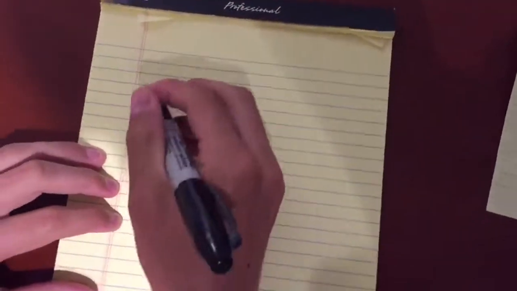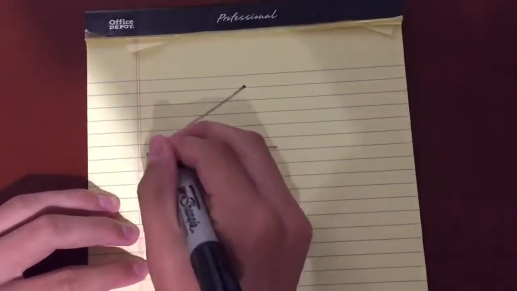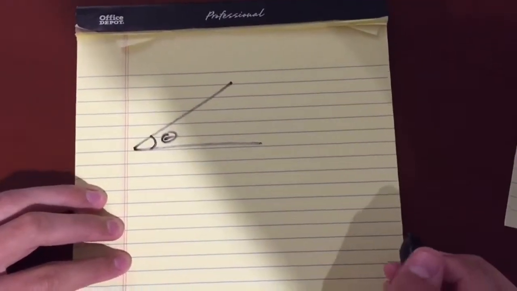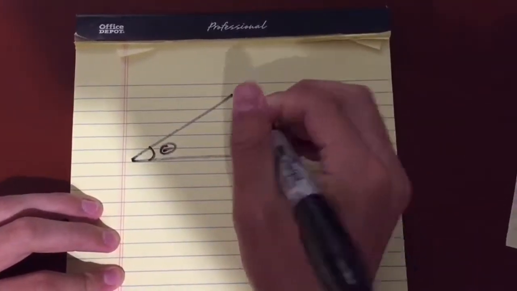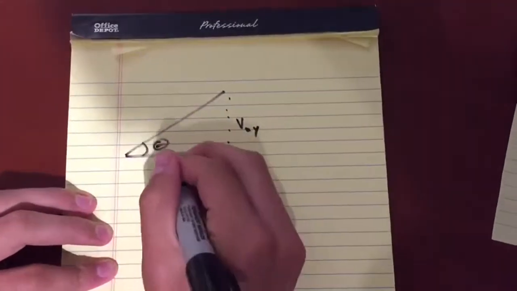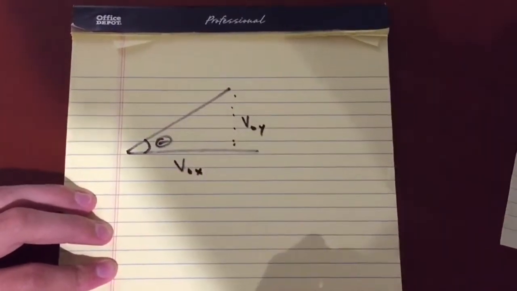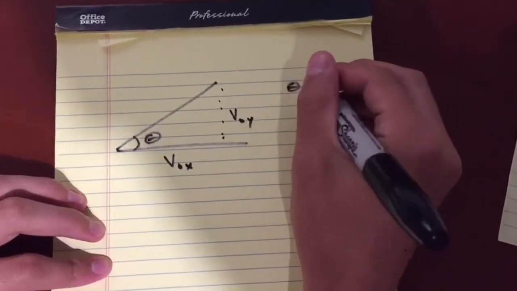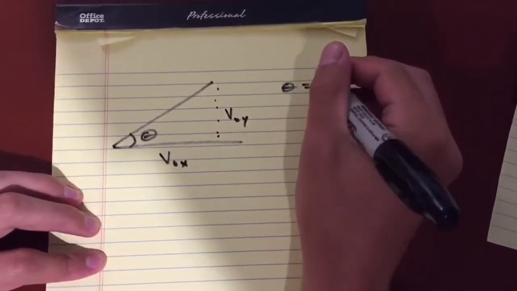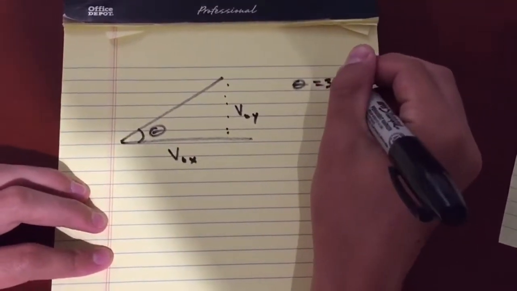So, with our golf ball, you will see that it launched at angle theta with part of the velocity in the y direction, part of the velocity in the x direction. Our theta, which we'll show you, was measured at 38.5 degrees.